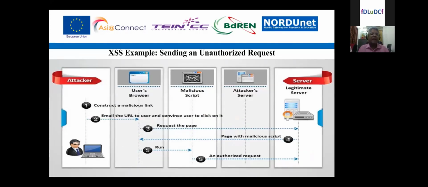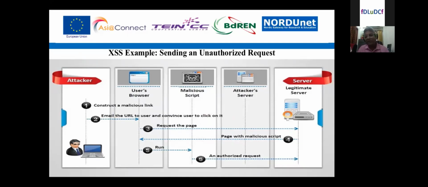Next, sending an unauthorized request. So how can an attacker send an unauthorized request? First of all, you have to construct malicious code, and then send an email to the user, convincing the user to click on the page.